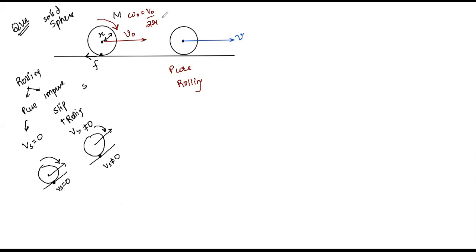R is the distance from the center of mass, and right now R will be the radius. And omega is the angular velocity. Very good. So for this question, what is happening?